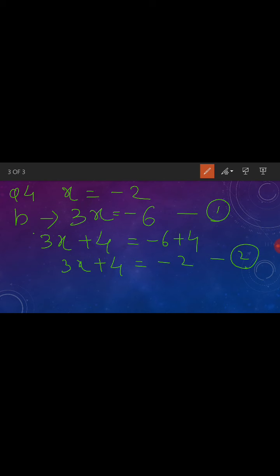So it will be 3x plus 4 divided by 5 equals minus 2 divided by 5. This can be your third equation. So students, in this way you can form your 3 equations. You can copy this in your book.